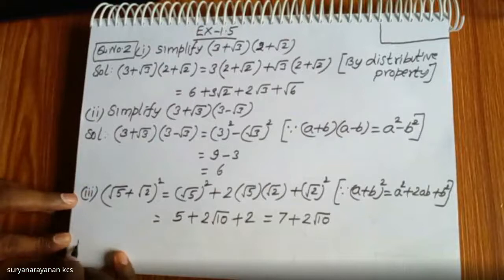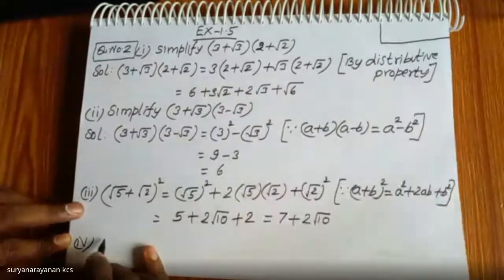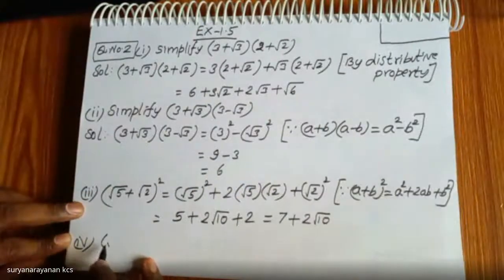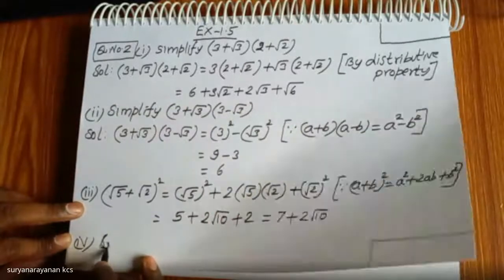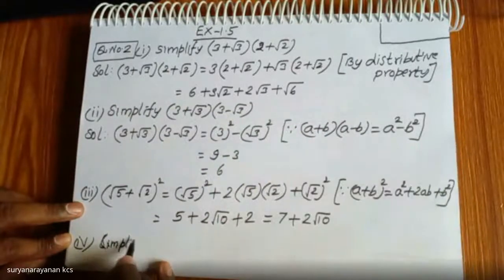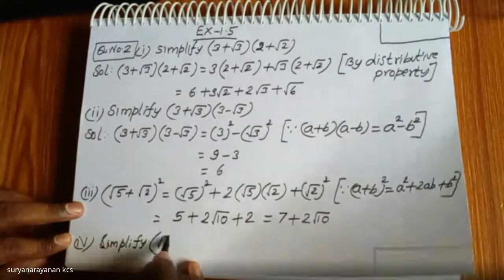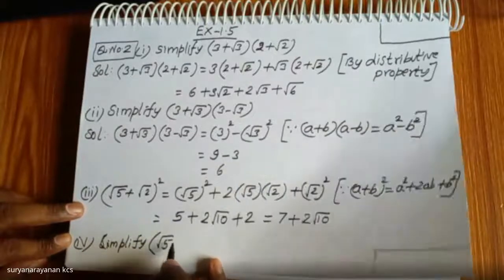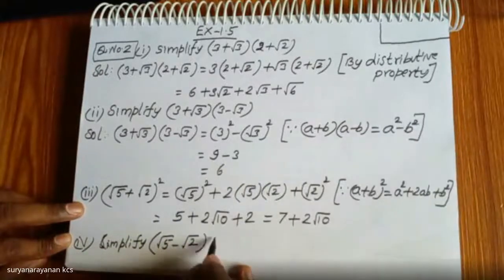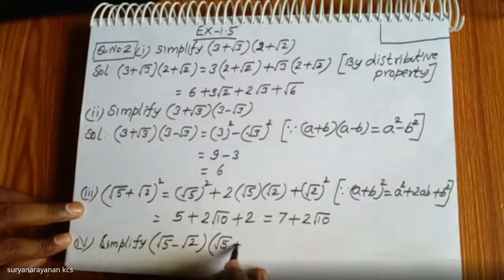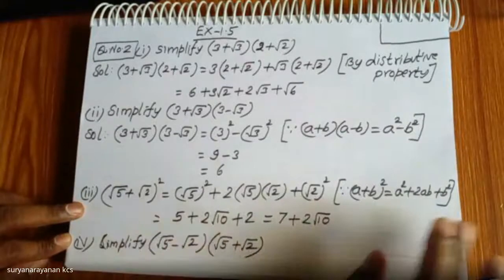Now come to the fourth one. Simplify root 5 minus root 2 into root 5 plus root 2.